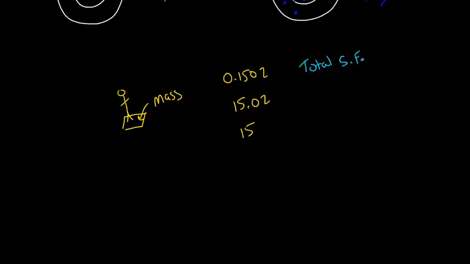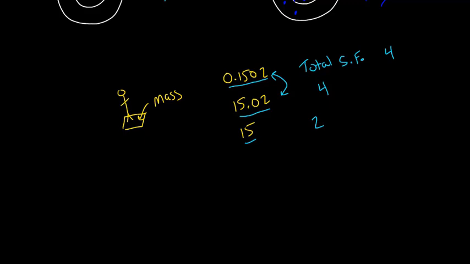So the total number of sig figs is a report of how accurate the measurement is. In this case, we have 4 sig figs. In the second example here, we also have 4 sig figs. So these two measurements would be considered to have equal level of accuracy. But this third measurement only has 2 sig figs, so it's not as accurate of a measurement.